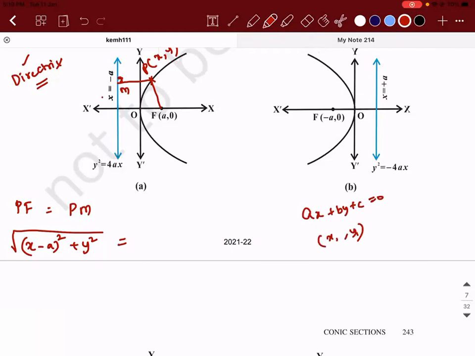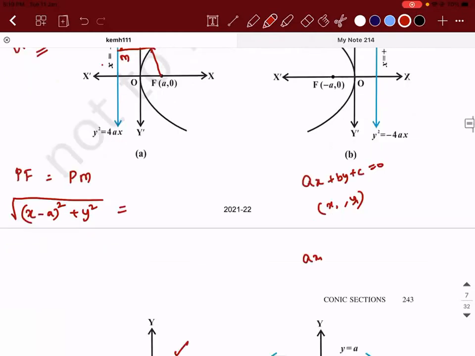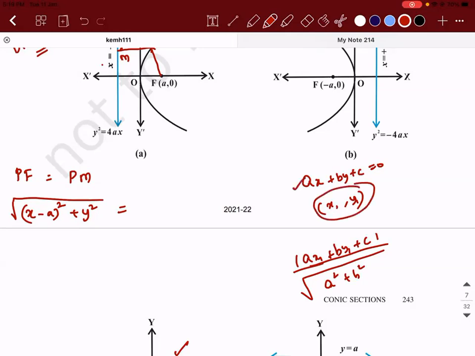The distance between them is modulus of ax1 plus by1 plus c divided by root of a square plus b square. You remember this from straight lines in Term 1. If you don't remember, please recollect it.